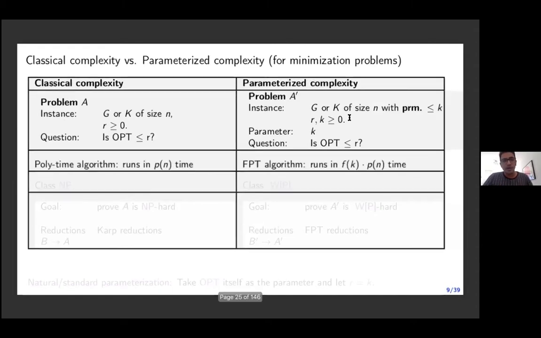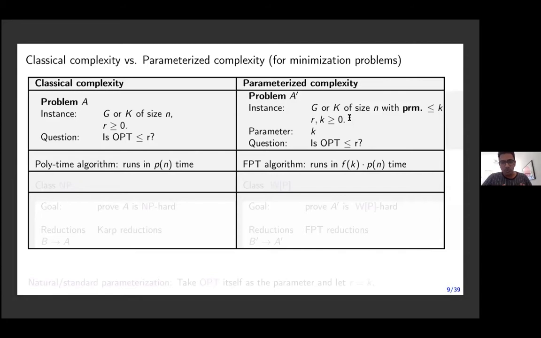Just as philosophically we say that the nice algorithms in the classical world are those that run in polynomial time, in the parameterized world, the nice algorithms are those that run in f(k) times polynomial of n. So your f(k) can be an arbitrary function of the parameter k. It can be exponential, doubly exponential, anything.